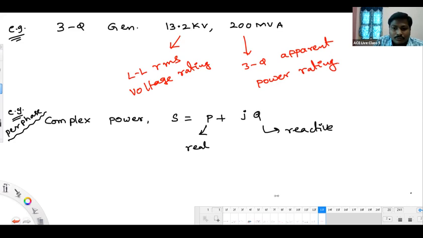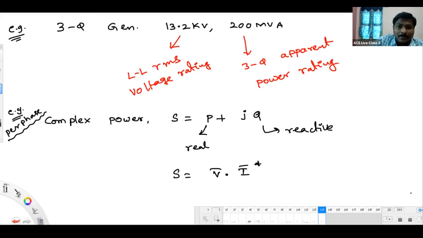S equals P plus jQ. Another formula for complex power I will discuss in the power equations later: S equals V bar into I bar conjugate.